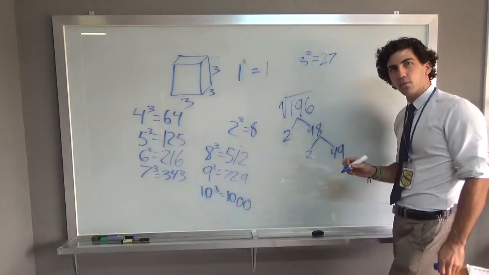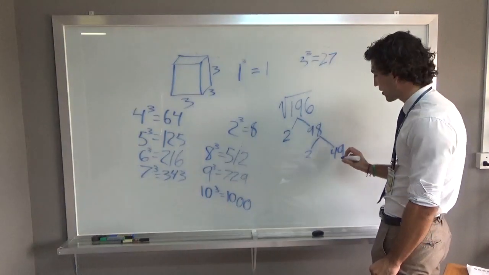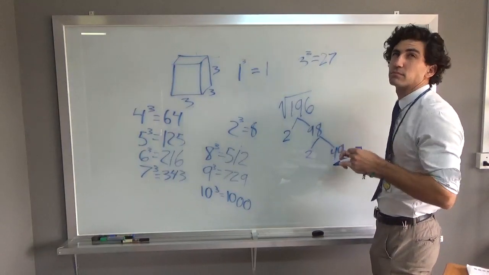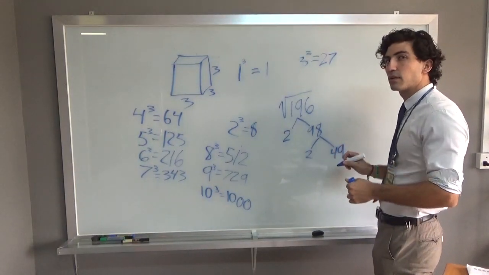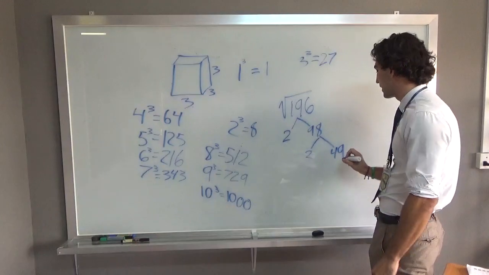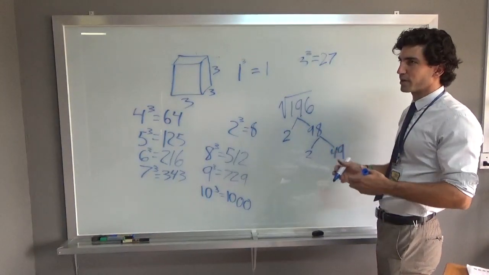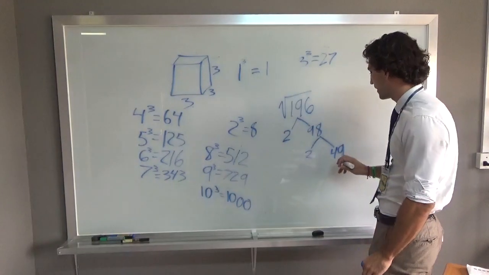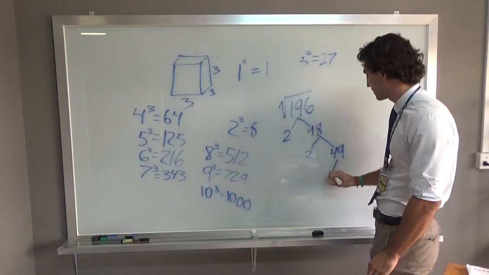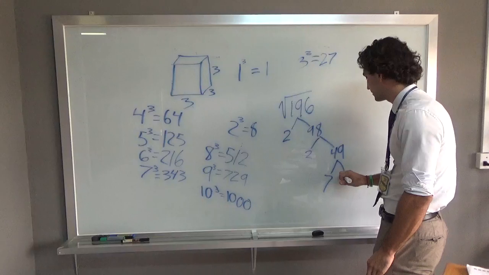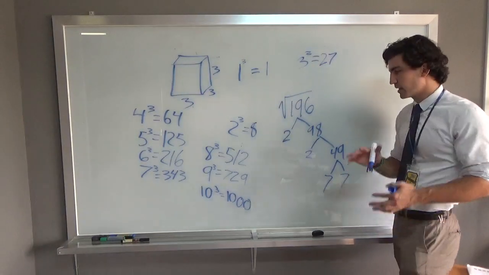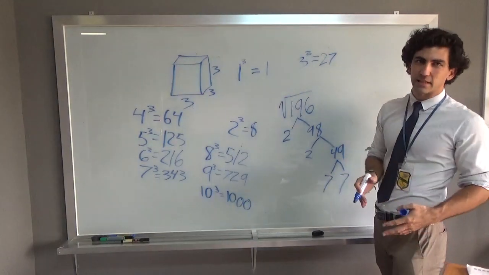Well, 49, we know what goes into that. There's only 1 times 49, or 7 times 7. So we have 7, 1, and 49. 7 is the only real factor of 49. 7, 7. Okay, so here's what I see.